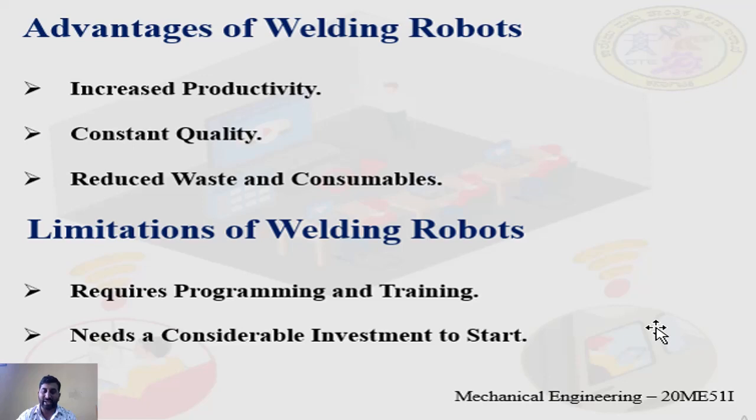Reduced waste and consumables. As the programmer feeds the exact program, the robot starts welding continuously according to that program, accurately and exactly. That means consumables, maybe filler materials or nozzles, will not be wasted.